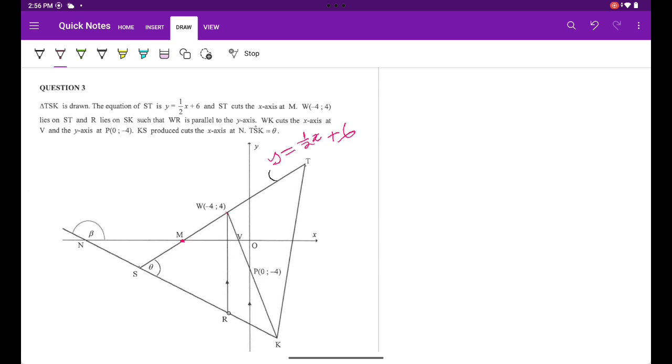When it is parallel to the y-axis like this, the x value here is the same as the x value there. So the x value is -4.